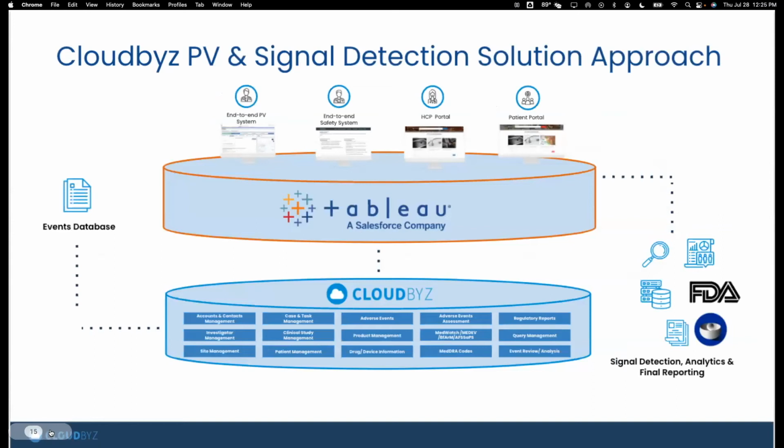All right, so this puts it all in one frame for you. I do like this slide. You can see how our PV and signal detection solution approach are stacked. Let's go from left to right. On the left, we have the ability to connect our events database into our pharmacovigilance system, such that we can process any number of events, whether these are ICSRs or post-market events being reported by your patients or HCPs.